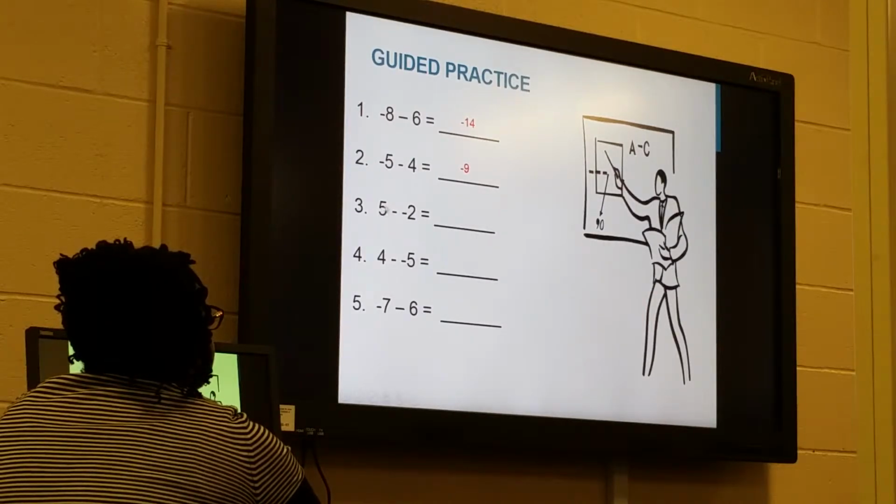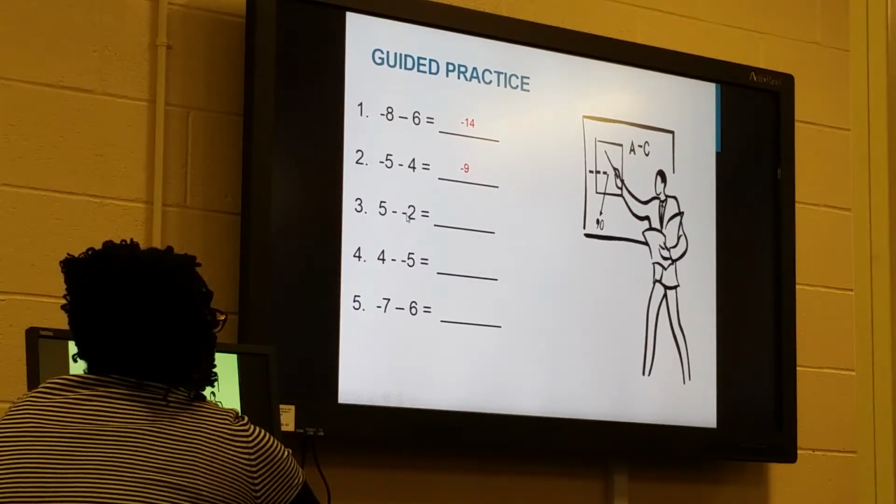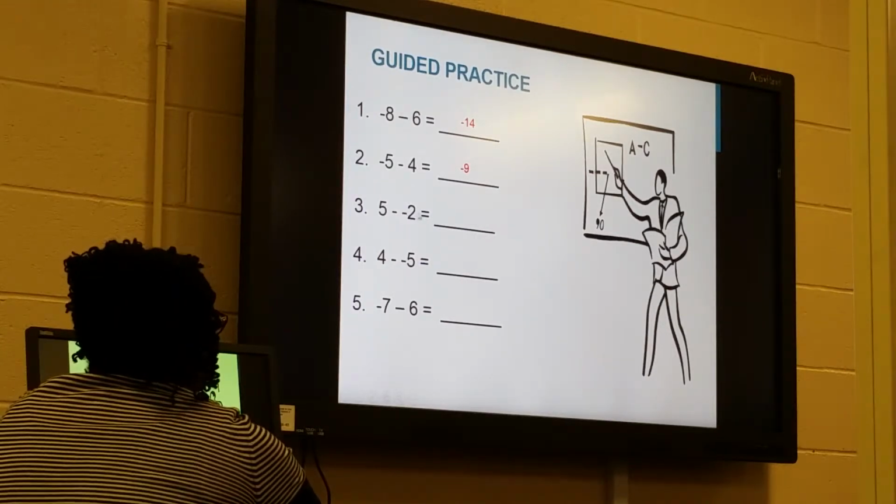That 5 stays the same. This changes to a plus. This changes to a positive 2.